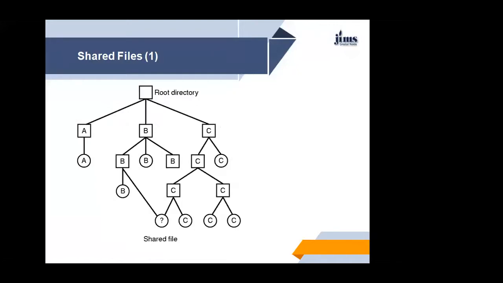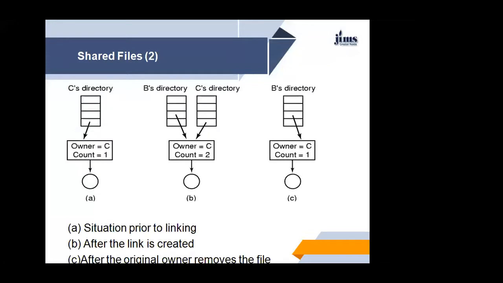You can see in the figure this question mark; this is a shared file which is shared by directory B and directory C. In the second scenario, C's directory has owner equals C, count equals 1. And B's directory has owner equals C and count equals 2. And in the third, owner equals C and count equals 1.